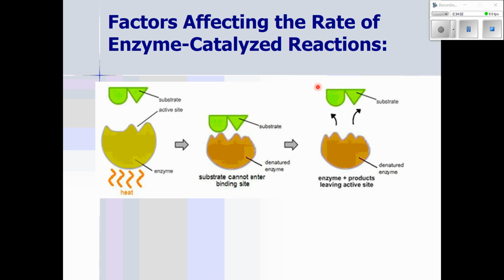Another thing that will cause that same issue is drastic change in pH. So instead of heat, if you expose this enzyme to a really strong acid or a really strong base, that will also interfere with the hydrogen bonds in the middle of the folded up enzyme, and it'll change the shape, denature the enzyme, and the substrate will not be able to bind.